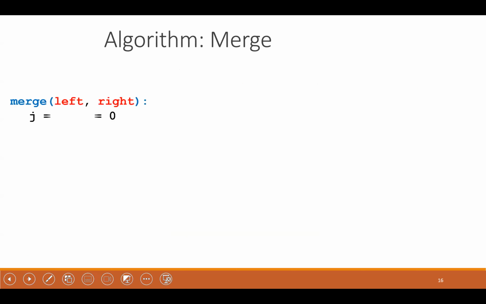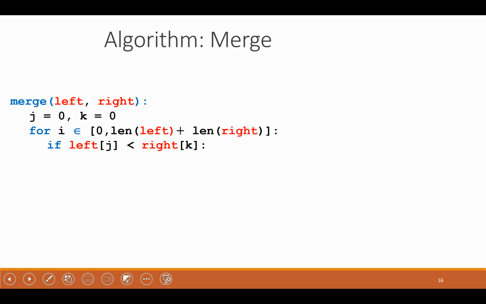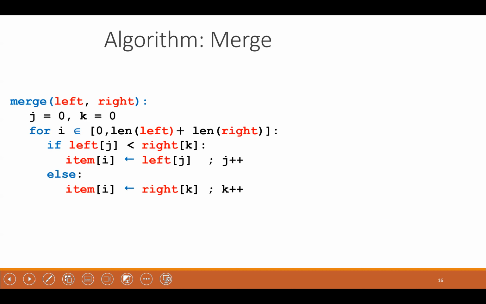Okay, so my merge algorithm in pseudocode would look something like this. Now this is a simplified version. If I have a list left and right, I'm going to iterate from i up to the size of the left-hand side plus the size of the right-hand side.